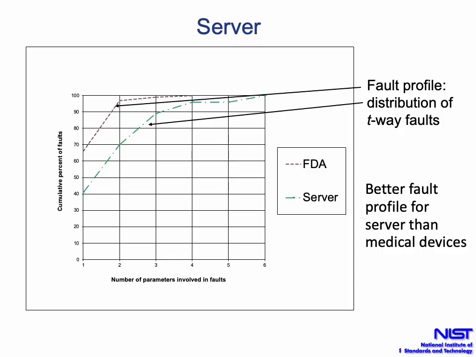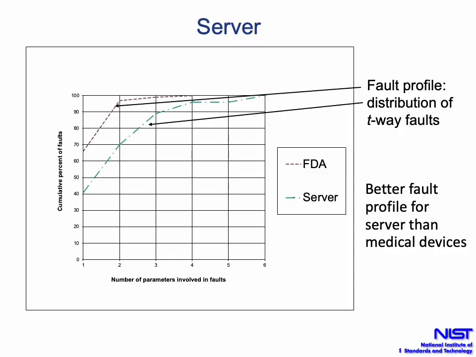And as you can see here, roughly 2/3 of those failures involved a single factor, again, and 96% involved two factors. However, the lower line is the distribution of faults that we found in looking at open source server software. This is actually a much more complex failure distribution than we have seen for the medical devices.